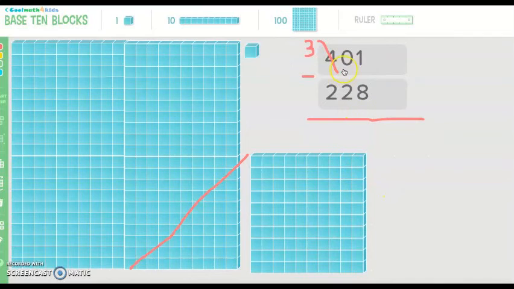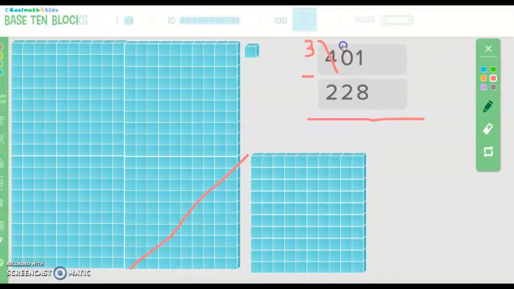We're then going to take this 10 and add it here.